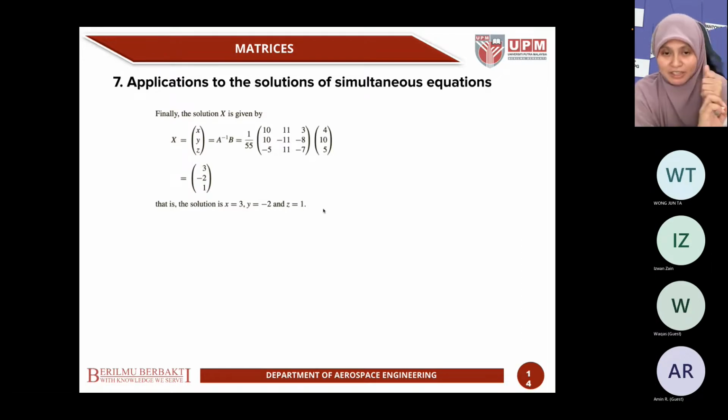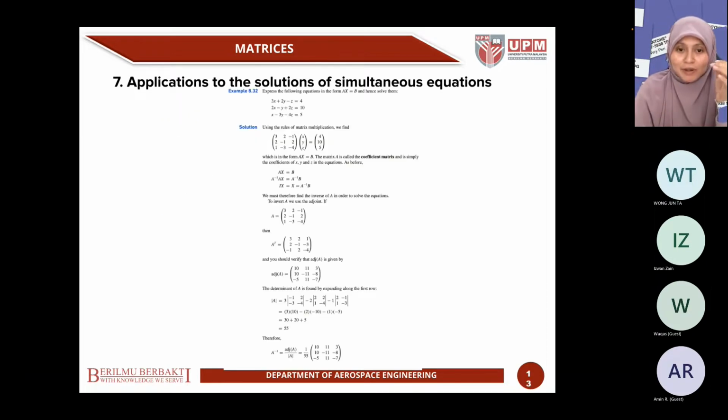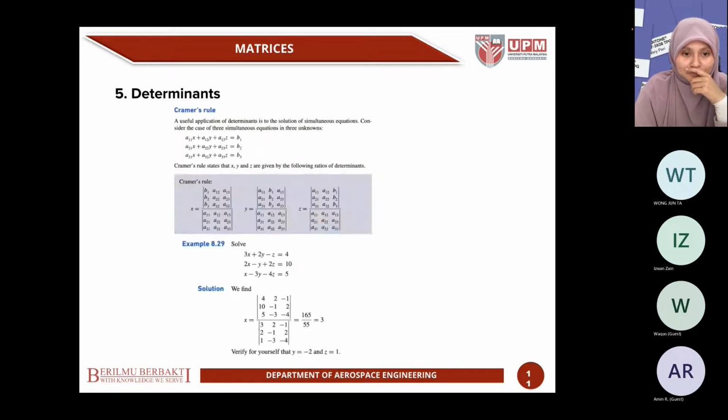So this is the second method to solve linear algebra equations. Remember just now we have Cramer's rule to solve the three simultaneous equations here to get the unknowns x, y, z.